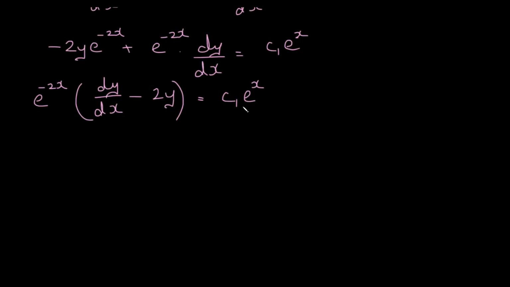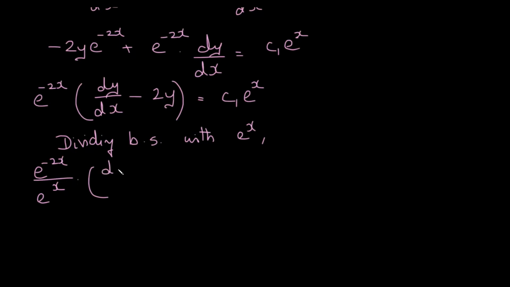So now we get a simpler term then. So we divide both the sides. So when dividing both the sides with e raised to x, we get e raised to minus 2x upon e raised to x into the same thing, bracket is same, is equal to, now c1 e raised to x divided by e raised to x is just c1.